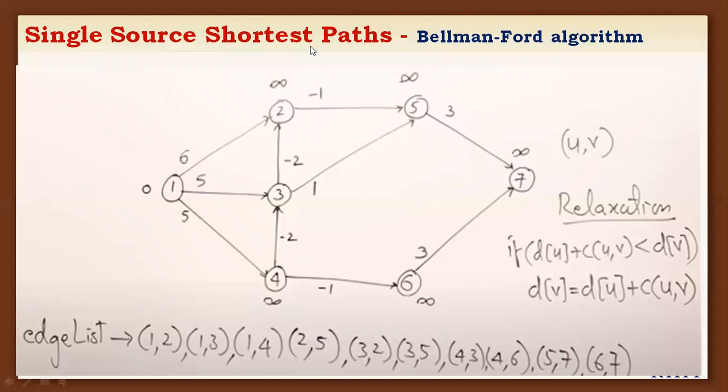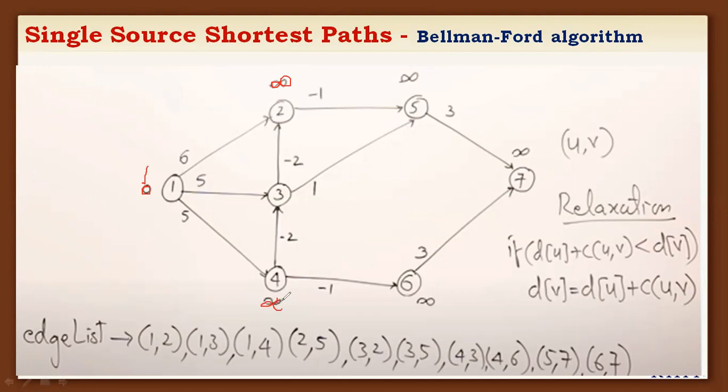If you observe clearly, the first vertex distance is 0. The source vertex distance we can consider as 0, and all remaining vertices cost you can consider as infinity.